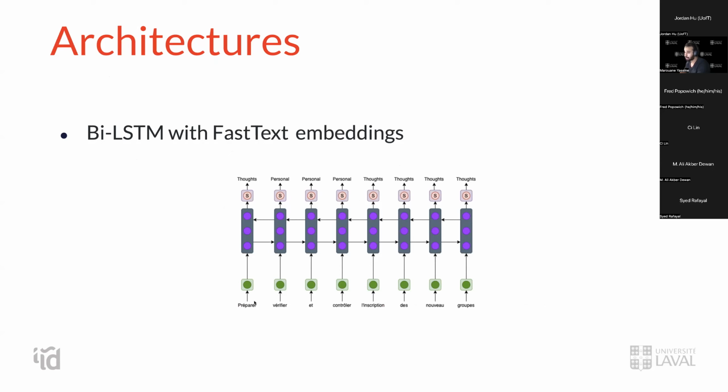As you can see here, we are encoding each word in a sentence, running them through an LSTM and obtaining the class predictions in the end. If you want more details about the architecture, you can check out the article.